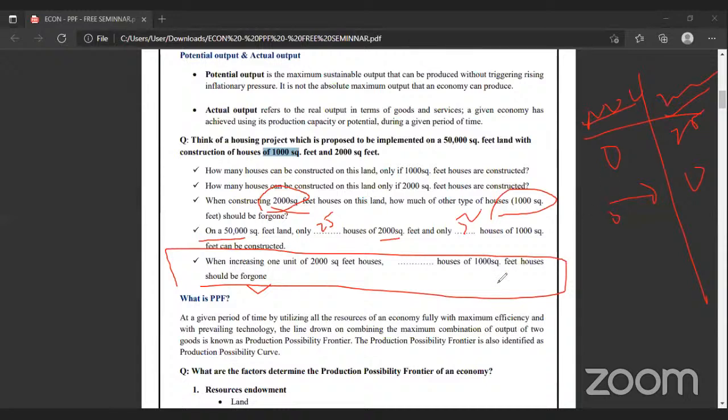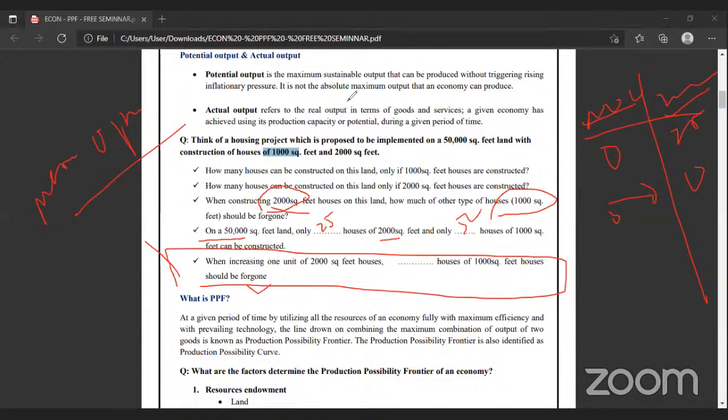But if they want to calculate unit based, that is what we call marginal opportunity cost. What does marginal opportunity cost mean? We are talking about producing 2,000 square feet houses, right? So your question is the other way around.